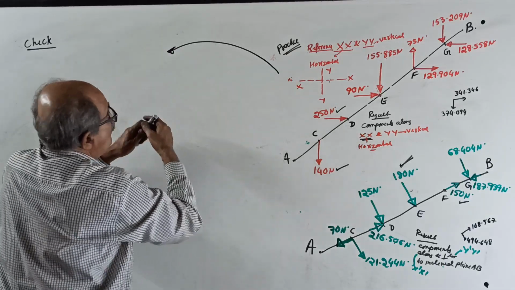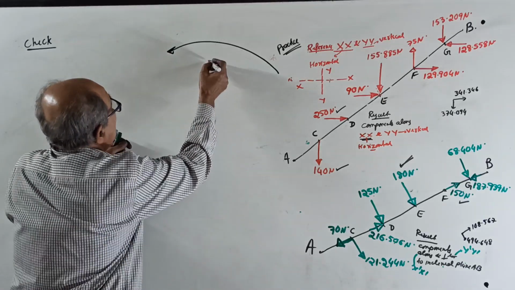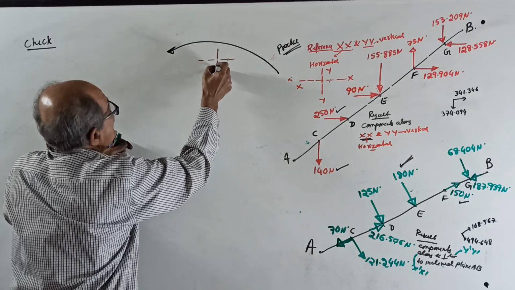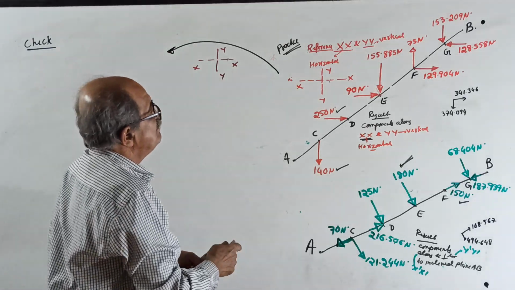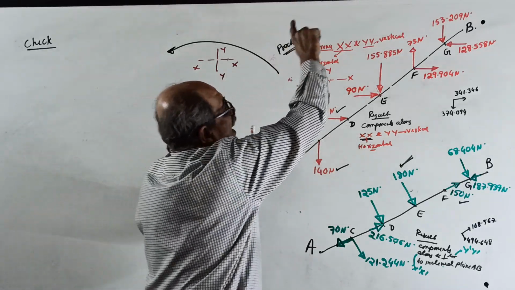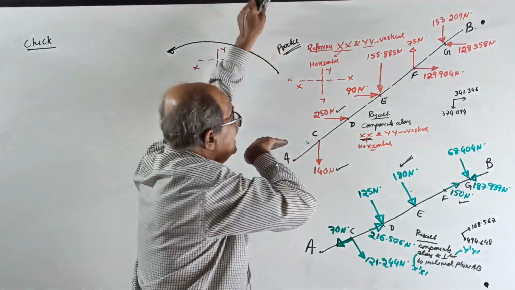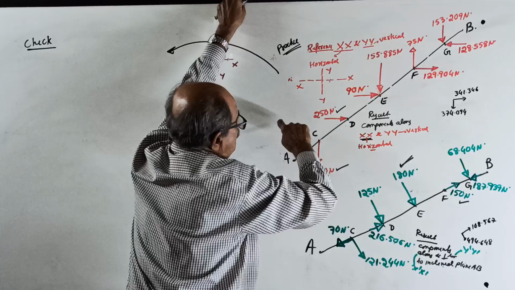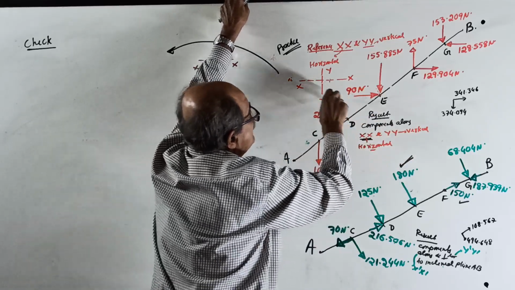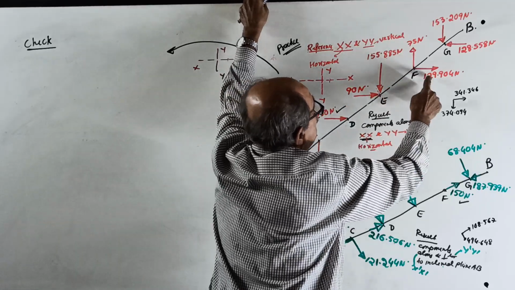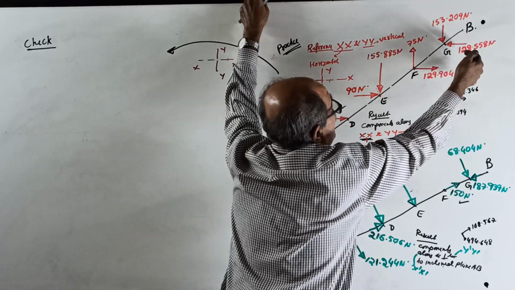When we resolved along x-axis and y-axis, find the algebraic sum of all the components in x direction. 140 is vertical, leave it. 250 right, 90 right, 129.904 also right, but 128.558 left.